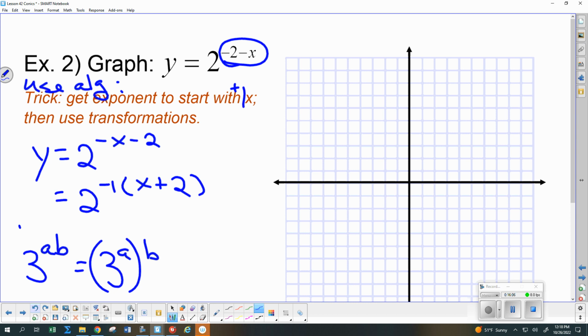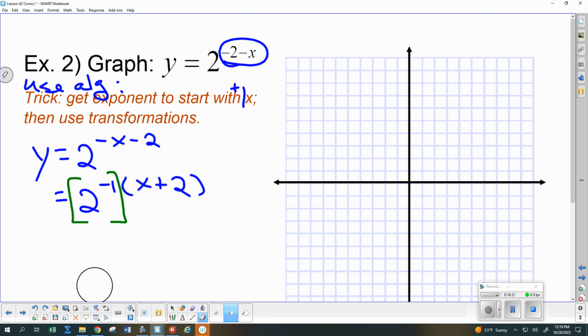I've got them already multiplied together like this. So now I'm just going to regroup. I'm going to say, oh, I could take the 2 to the -1 to that x plus 2, and that's the same thing. So if I do that, what's 2 to the -1?